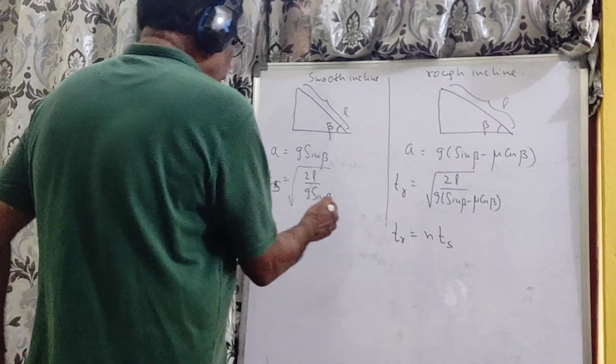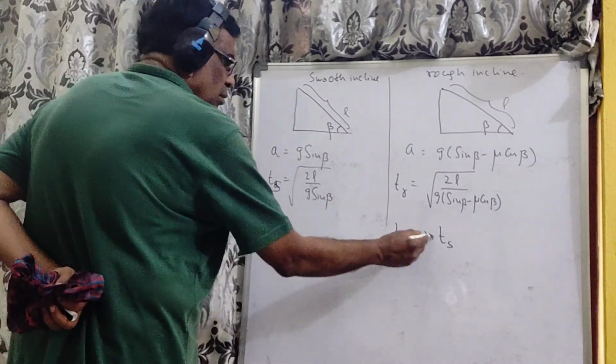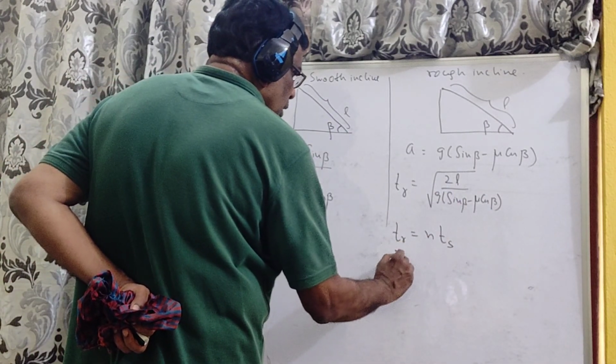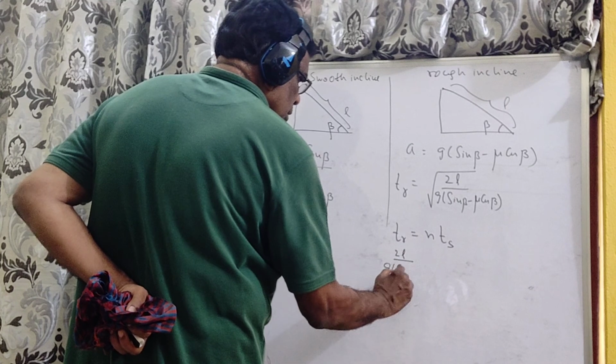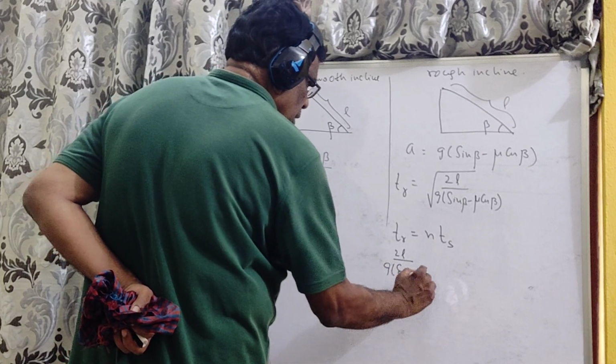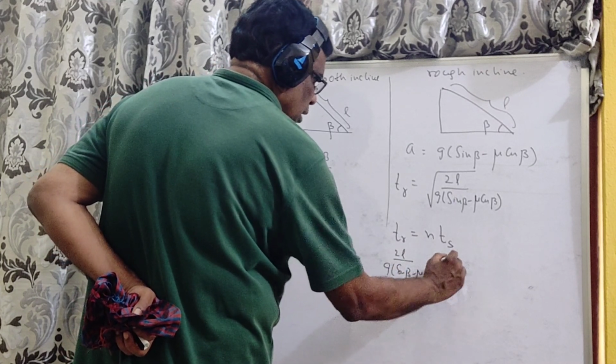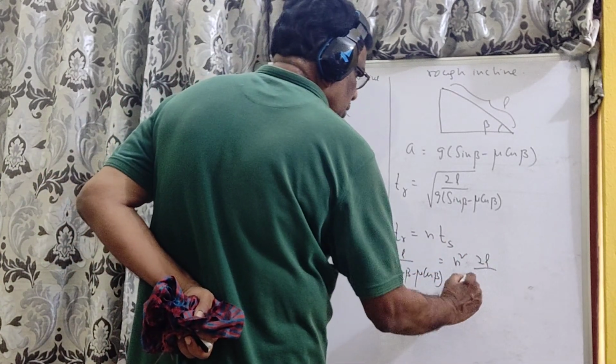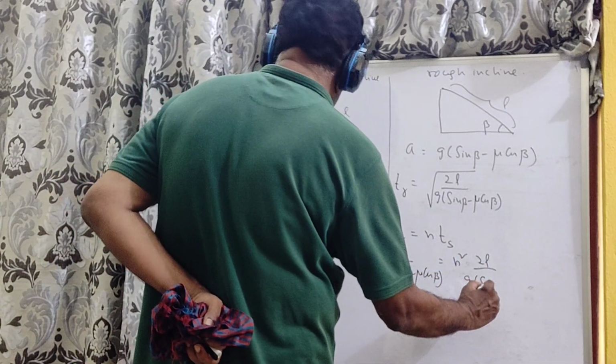So simply equate. What is TR is all this? You square so that I can write sin beta minus mu cos beta whole squared, because I have a squared on both sides.